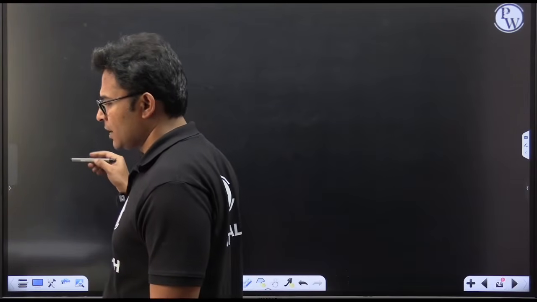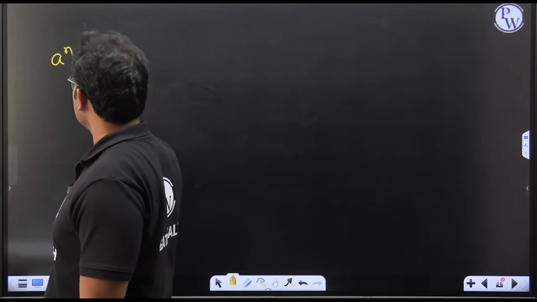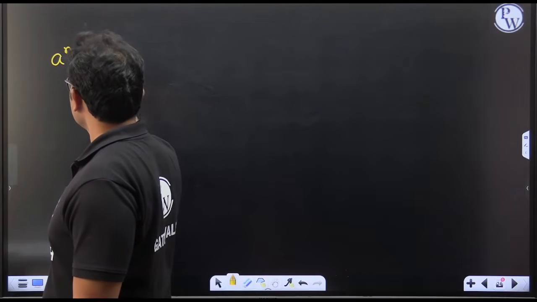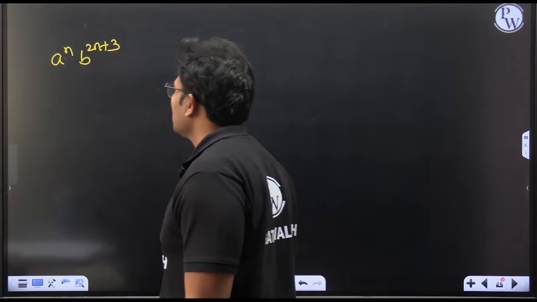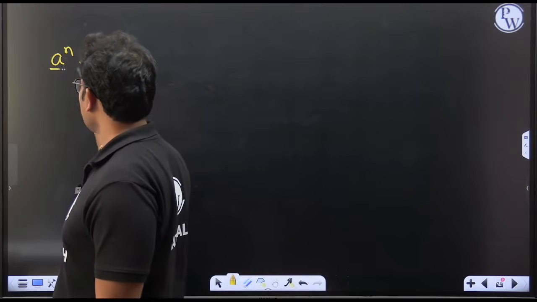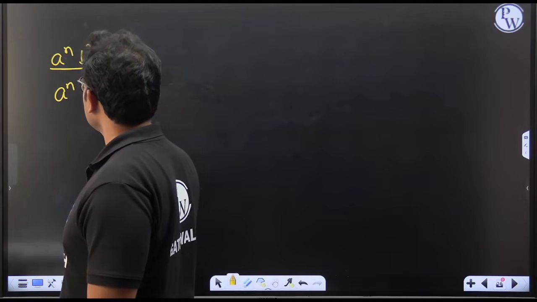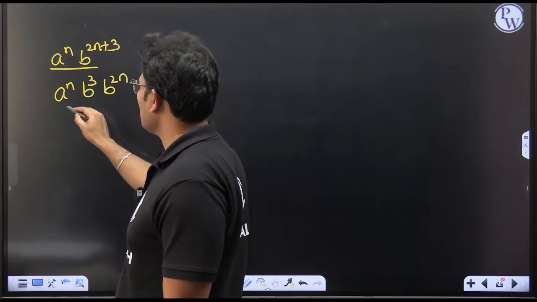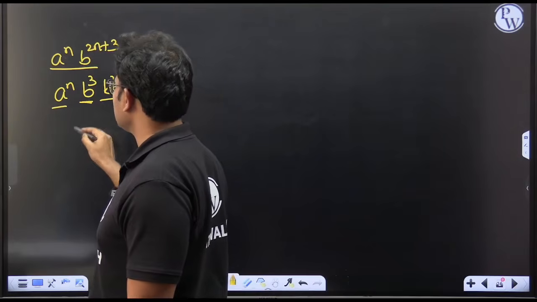Okay, now let's try to do this. A power n, b power 2n plus 3. So how are you going to write it? You are going to rewrite it like this: a power n, b power 3, b power 2n. Therefore, you generate a power n, b power 2n and you stop with 3 b's, right?